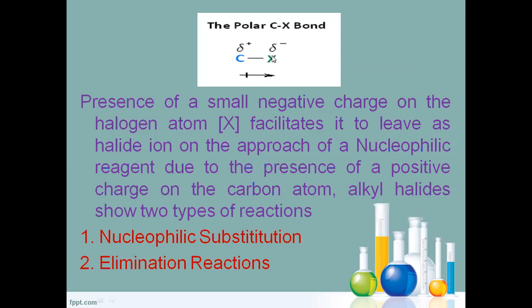Here halogen is a highly electronegative species and carbon is a less electronegative species, so the electrons migrate towards the halogen, giving a partial negative charge on the halogen and a partial positive charge on the carbon. The negatively charged halogen atom is able to leave as a halide ion.